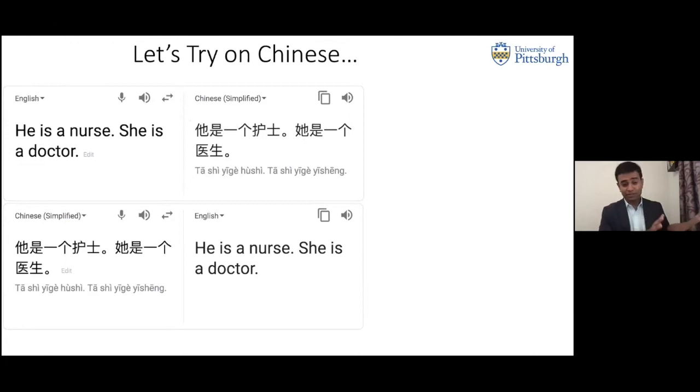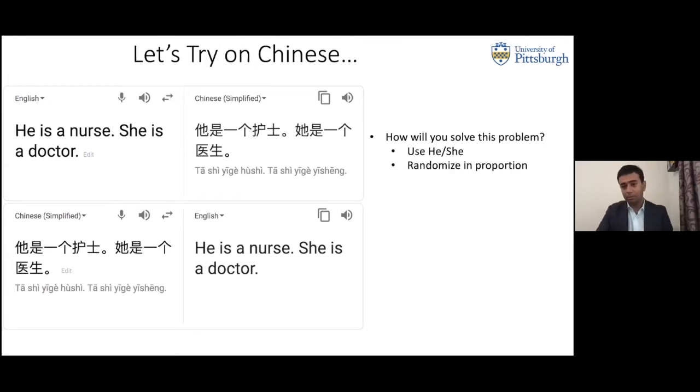Once we understand the source of the bias, we can think about how we can possibly fix it. A simple way to fix it is to simply use "he/she," as we humans do in our day-to-day conversation. The other, more algorithmic or programmatic way of solving it is to randomize in proportion to the representation in the group.